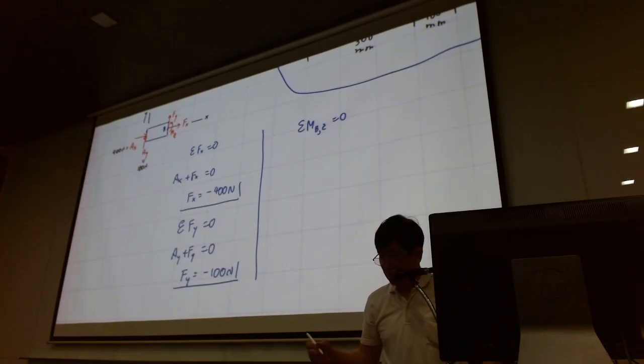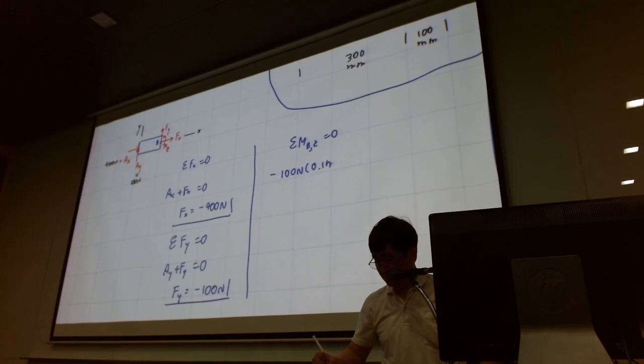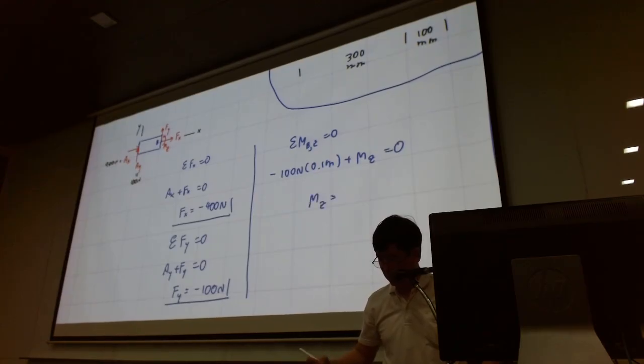So from left to right, I will only have minus 100 Newton multiplied by, I forgot what it was, 0.1 meter, and plus the Mz equal to 0. So Mz equal to 10 Newton meter.